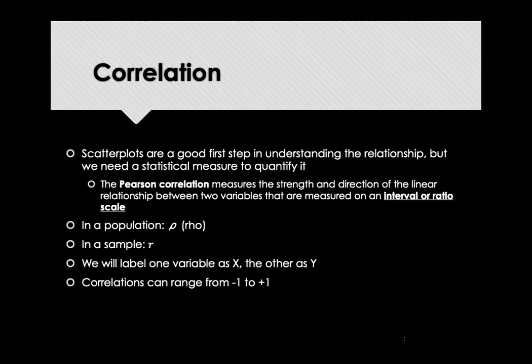You might want to go back to one of the very earliest chapters of the textbook in our class to review interval and ratio scales. I'm not going to do that here just in the interest of saving some time. But recall that in those two scales, you can definitely measure the difference between one unit and the next.